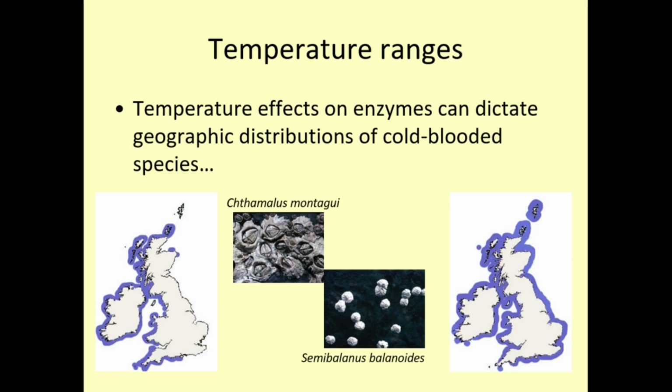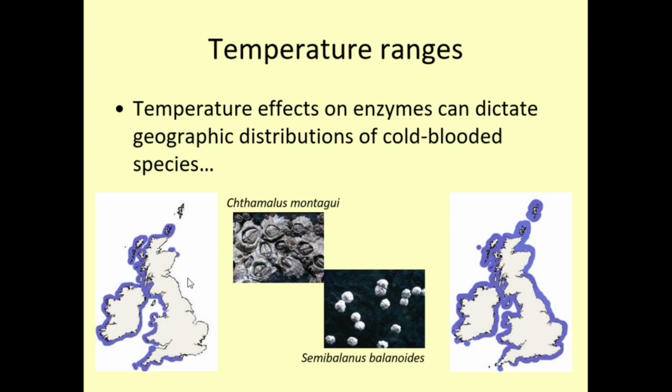But what we can see here then are two species of acorn barnacle from the UK, so native to our shores, and it gives us a nice indication of how temperature will affect the geographical distribution of species, but particularly cold-blooded species, because remember, they are completely dependent on their environmental temperature to control their internal temperature.